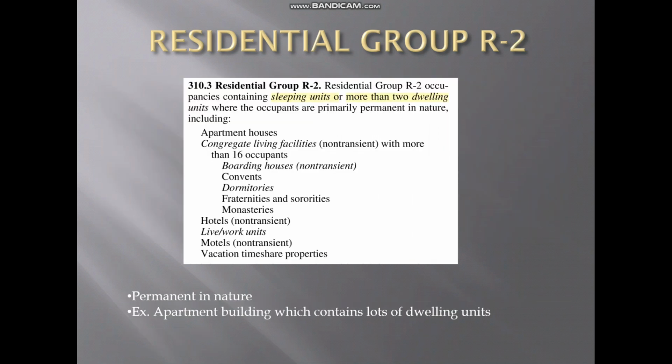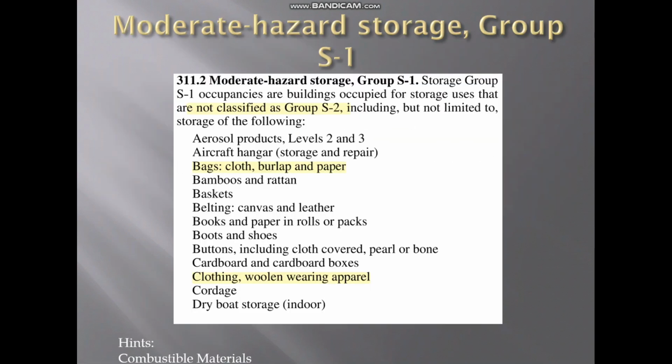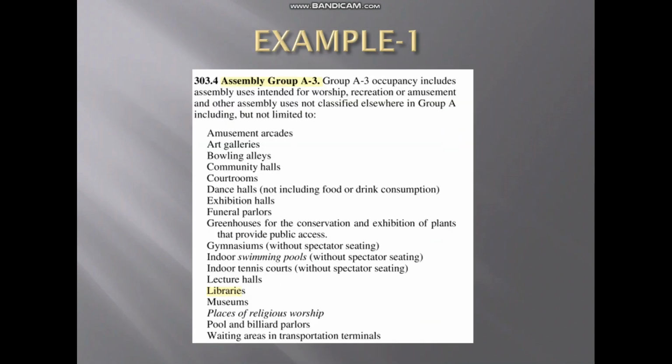If you go to R2, it's permanent sleeping units and it has more than 2 dwelling units, like an apartment house. So in our second example, an apartment building with 60 dwelling units comes under residential group R2. After finding this, you can go to chapter number 9 and decide, for these two occupancy groups, what type of firefighting system we need.